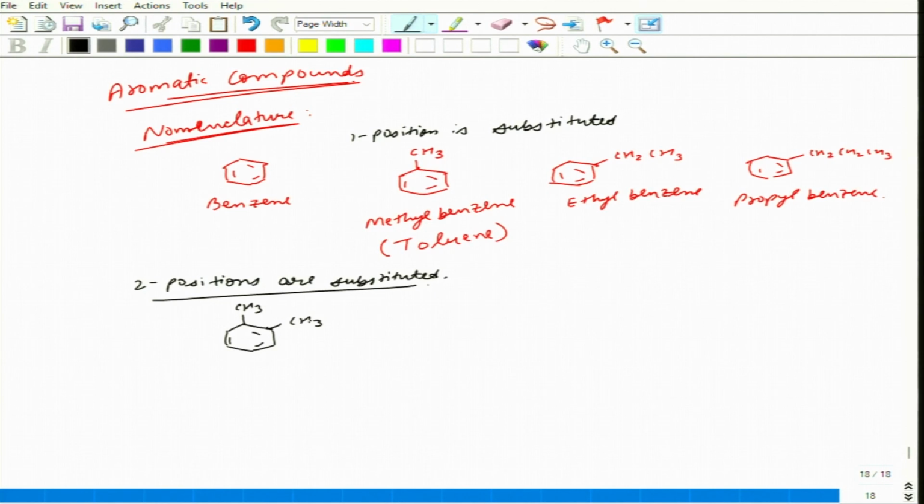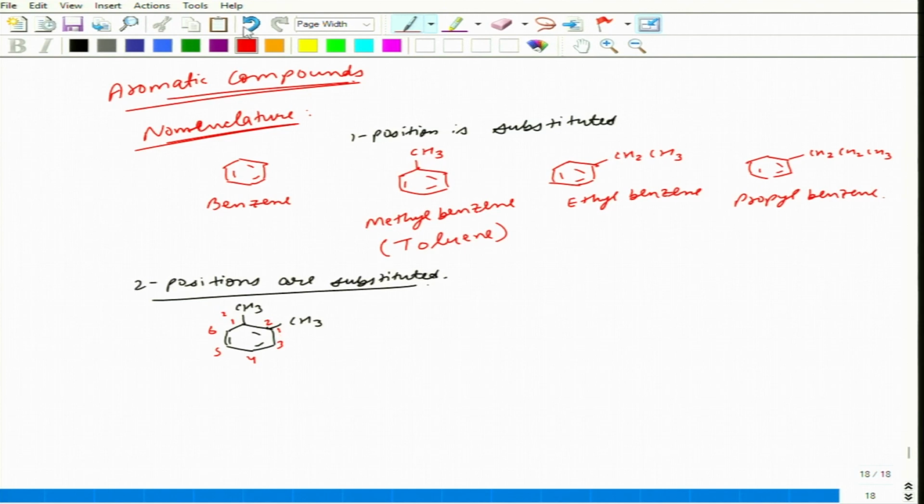Now what will we call it? Now we will do the numbering. Let us start from here: 1, 2, 3, 4, 5, 6. We can start from here also, but don't start here, because we start from the position where the substituents are closer. If we start with 1 here, then 2 is here: 1, 2, 3, 4, 5, 6.